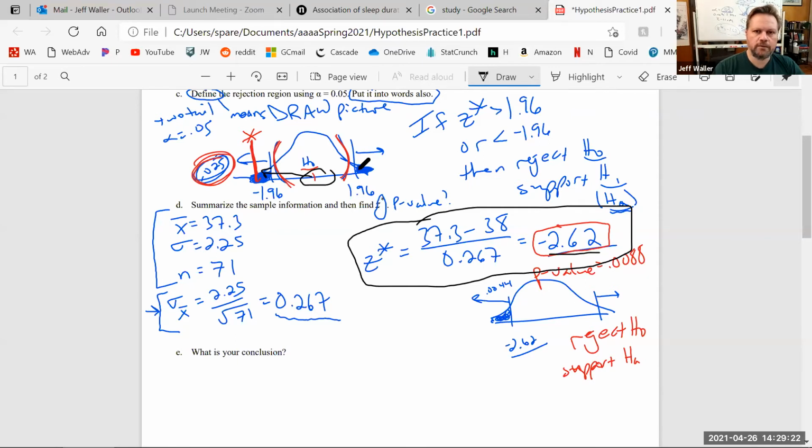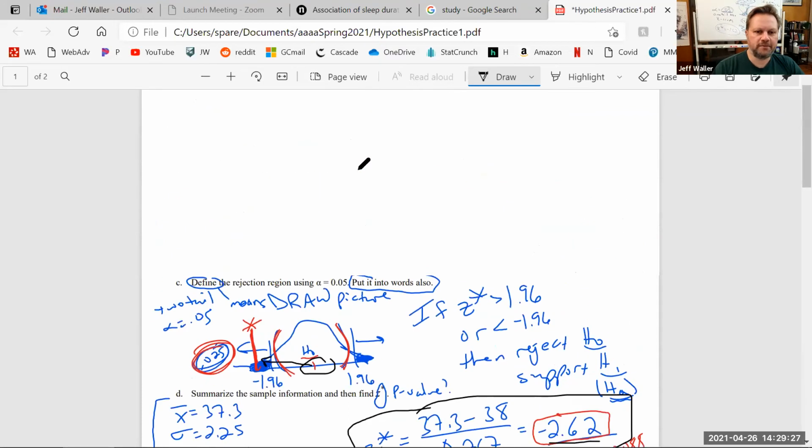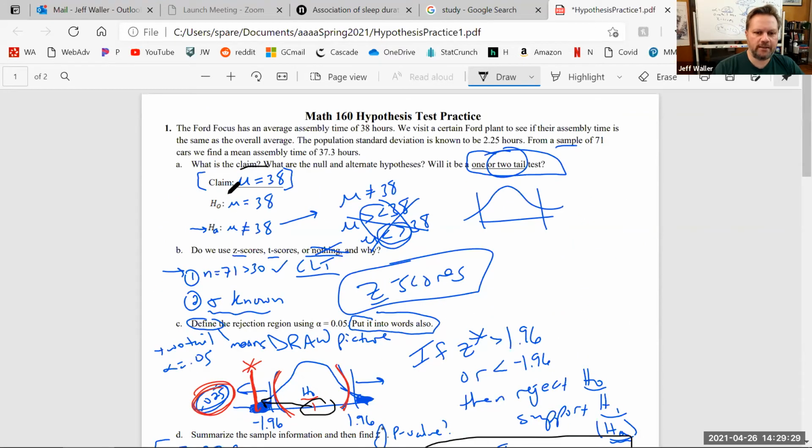Therefore, it's more likely that that was not the correct mean. It looks like the mean is not 38. It's actually less.